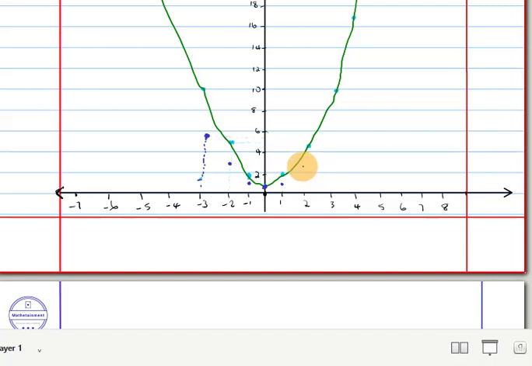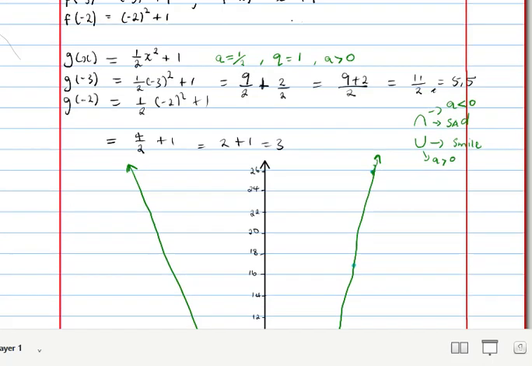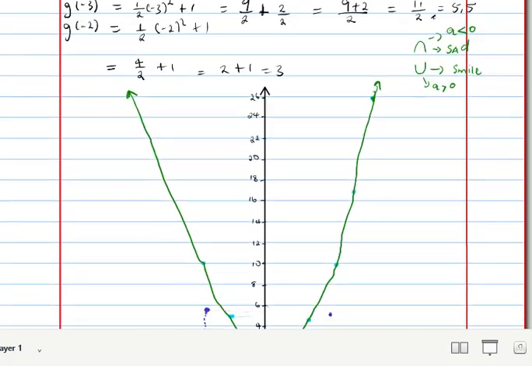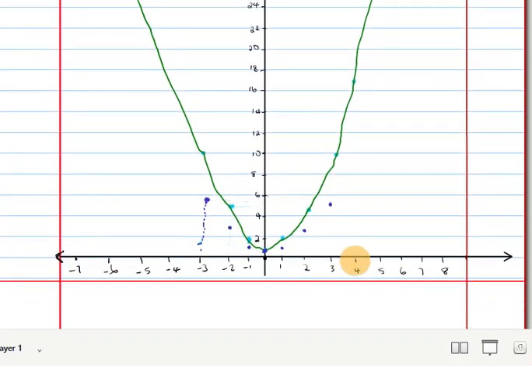Then it should be 3 around here, and then 5.5 around here. When x is 4, it becomes 9. Where's 9? 9 is between 8 and 10. So it should be here.